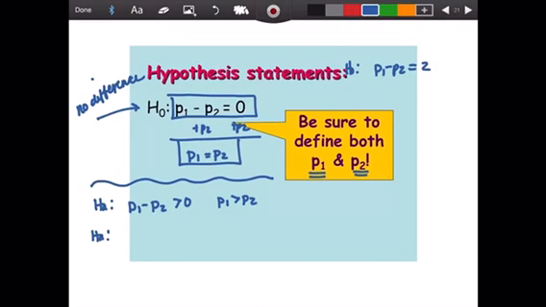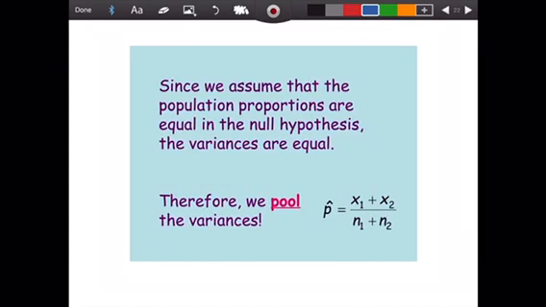We could also have the alternative hypothesis where the difference is less than 0, or P1 is less than P2. Or the final alternative hypothesis is not that the difference is greater or less than 0. We just know there is a difference. It's not equal to 0. So P1 is simply not equal to P2 for a two-sided hypothesis test.